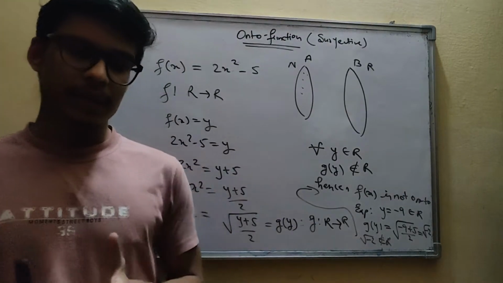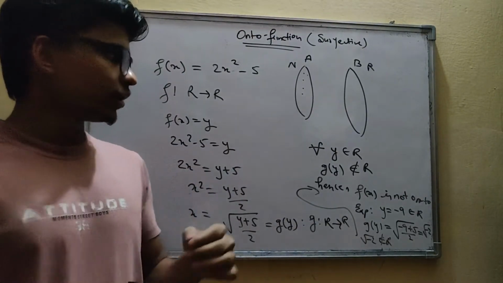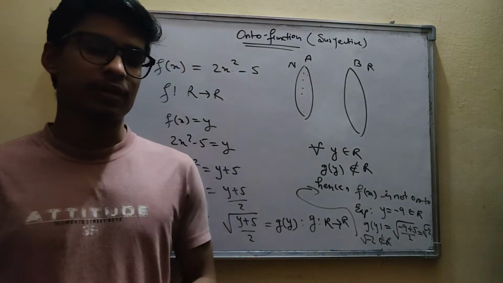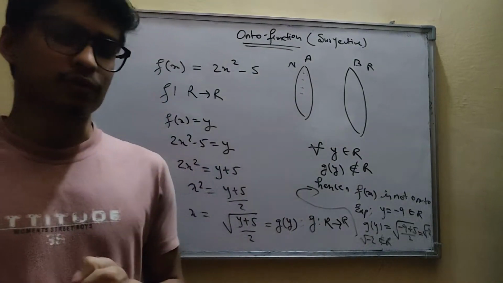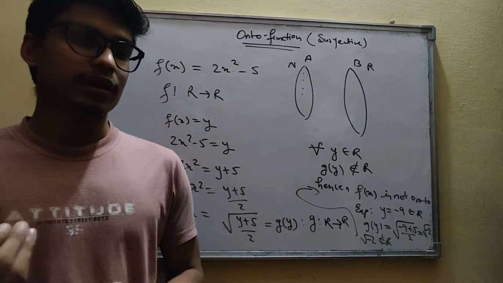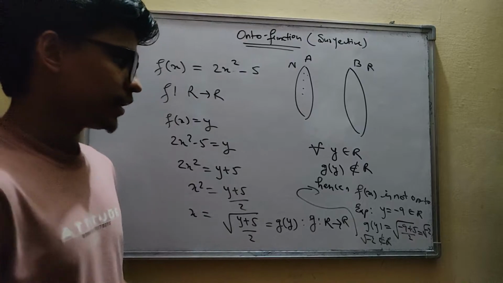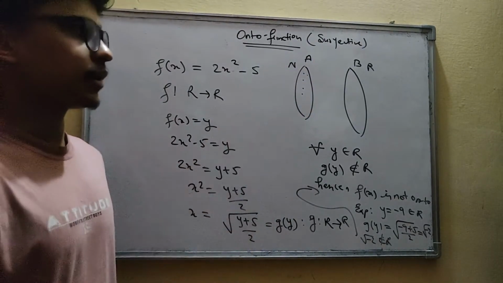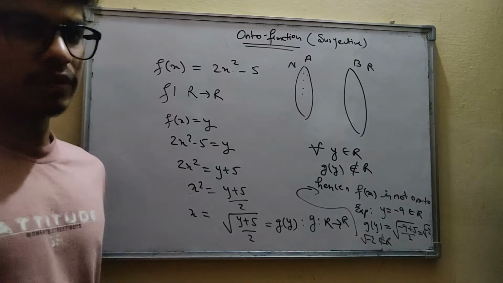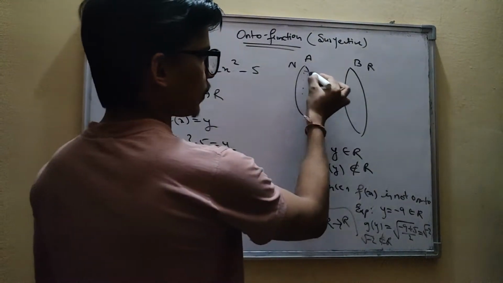Now let's understand the role of onto, means the importance of onto function and one-one function in calculating the inverse. So let's check. Now let's say there is a function from A to B. So what are the possibilities? There could be a one-one function.